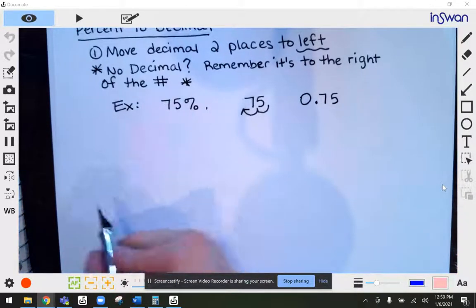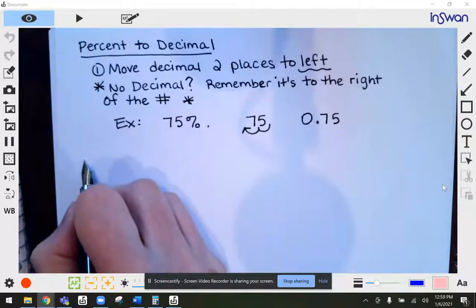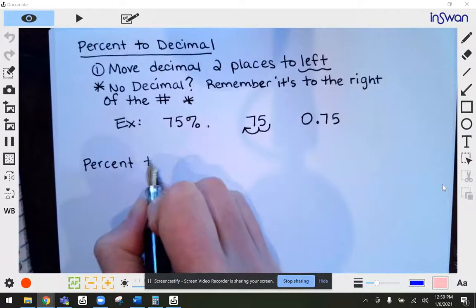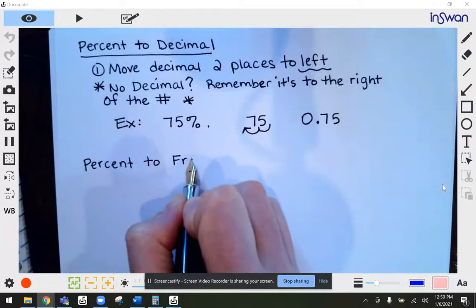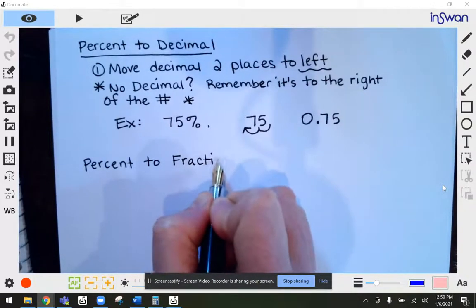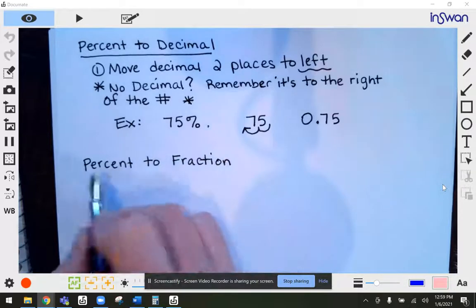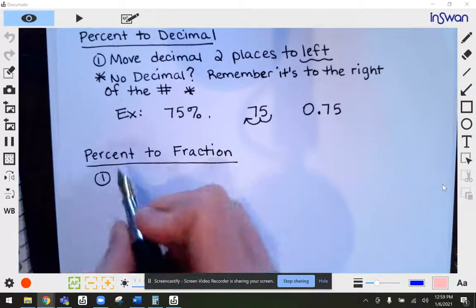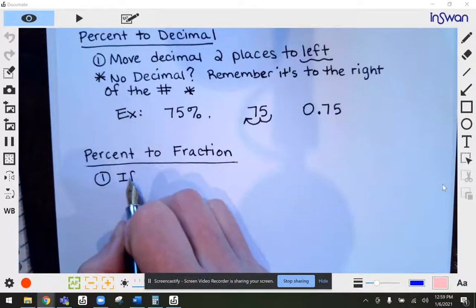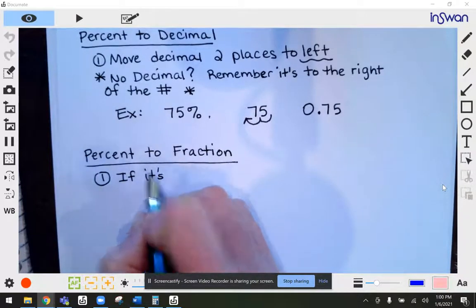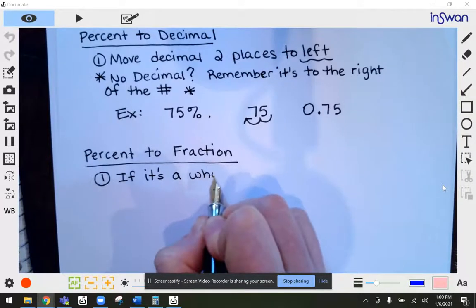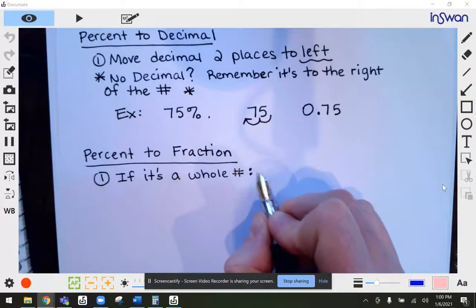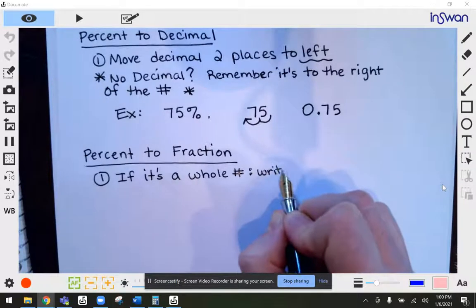All right, and finally, we're going to do percent to a fraction. Okay, so here for step 1, if it's a whole number that you're given, write that number over 100 like a fraction.